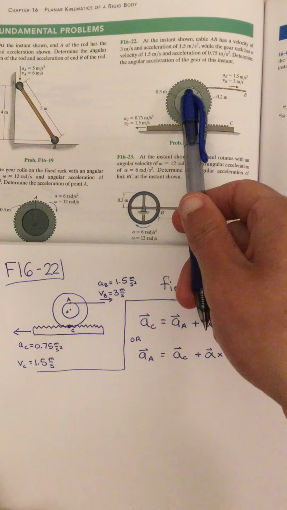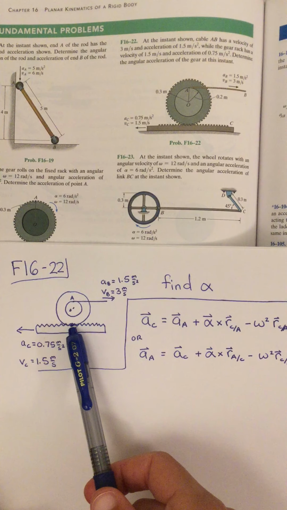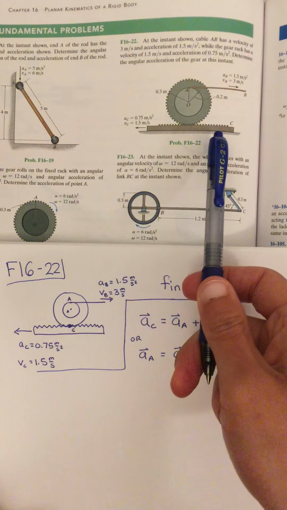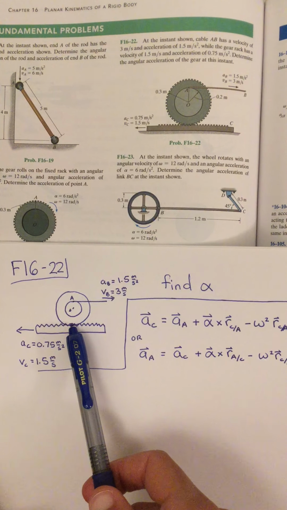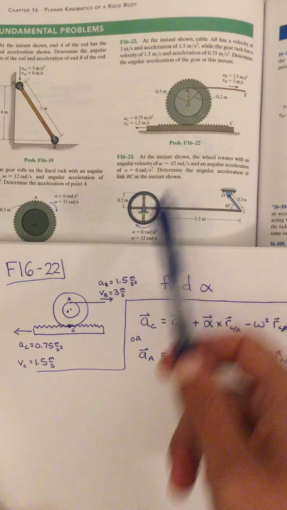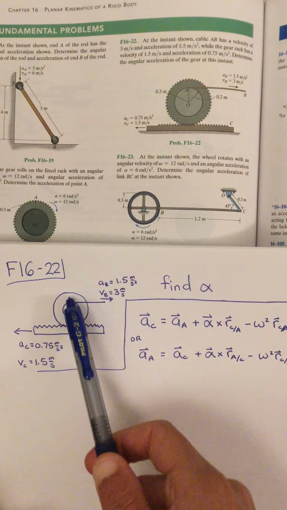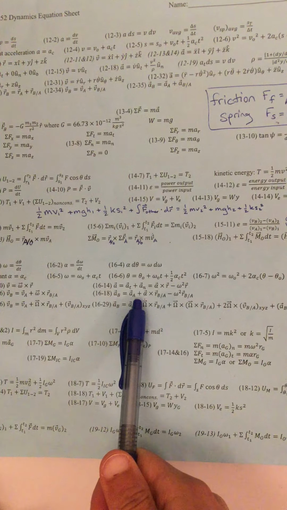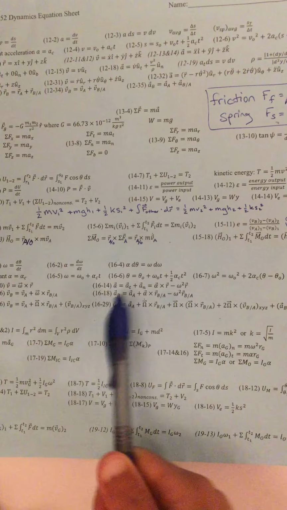So we're going to use point A, and I'm going to call this point here where the gear is touching the gear rack point C. They indicate here that the whole gear rack is C, but I'm going to call this point here point C and make it a point on the gear. Okay, so I have point C and point A, so I'm going to use equation 16-18 with point C and point A rather than point A and point B.